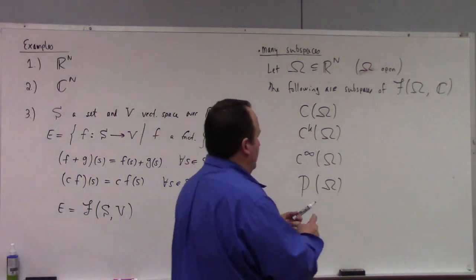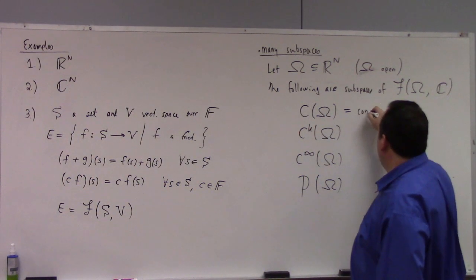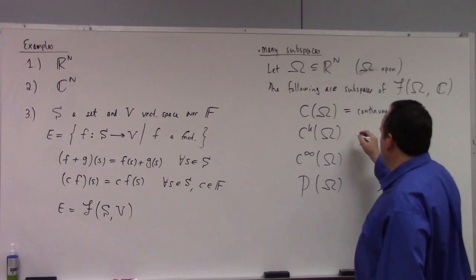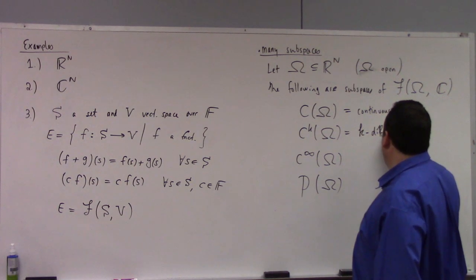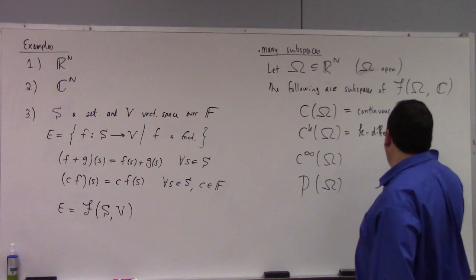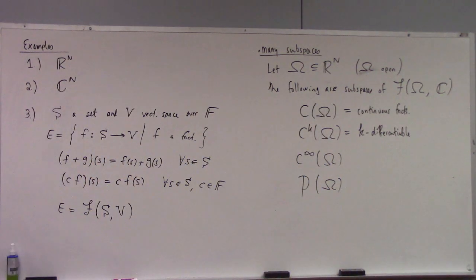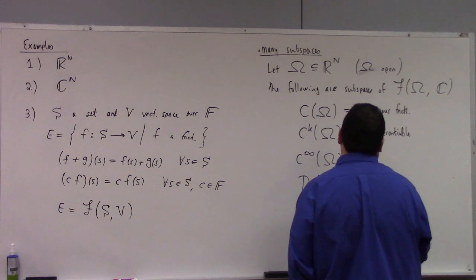So the first one is just continuous functions, right? This is k times differentiable. Now, this is important, does he assume that the kth derivative is continuous? Continuous partial derivatives of order k. Yes. There are a couple of different ways to say this.